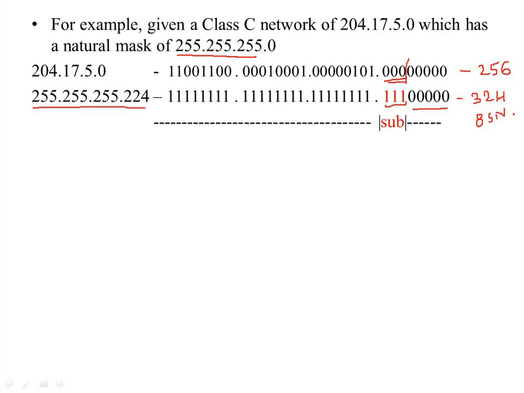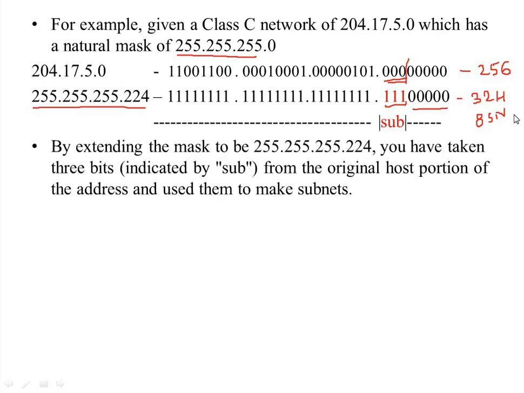That means you are taking the 3 extra bits from this network. By extending the mask to 255.255.255.224, you have taken the 3 extra bits from the original host portion, and those are used to make the subnets. So this mask will help you to design the network.